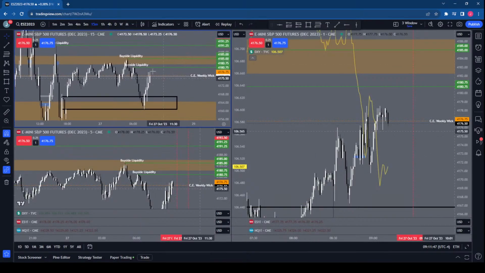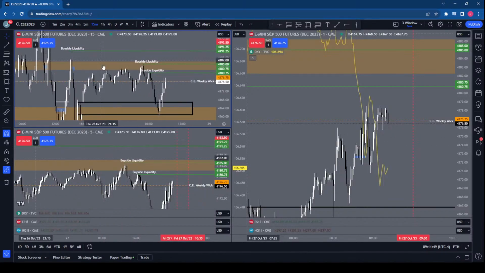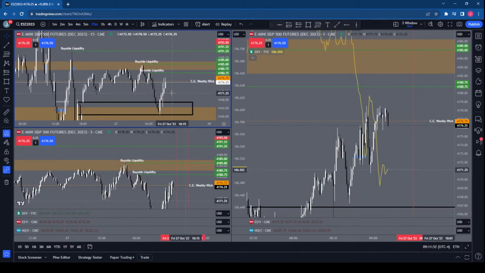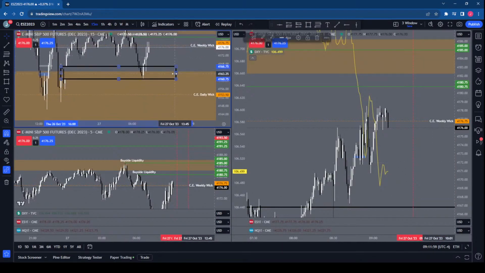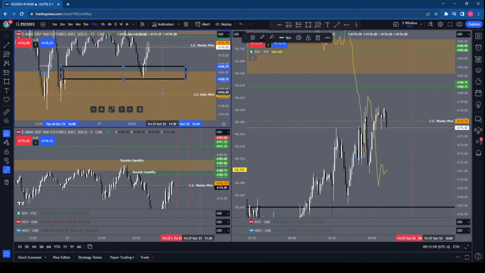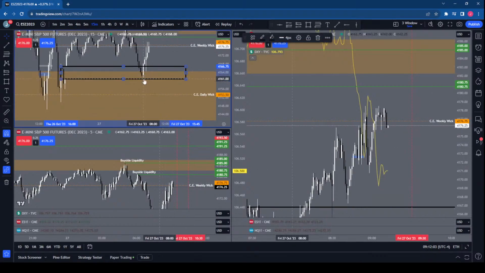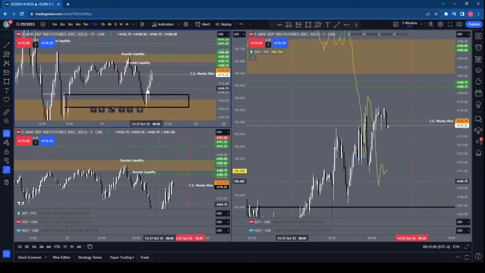I am interested to see how it takes this buy side, because if it starts wicking above it and shows signs of a reversal, I think we could come back down through this new day opening gap. It already delivered sell side, and now we delivered buy side to it.